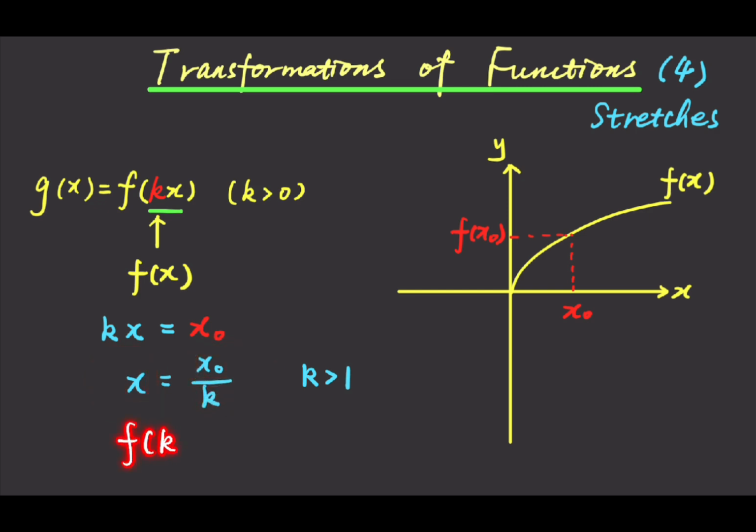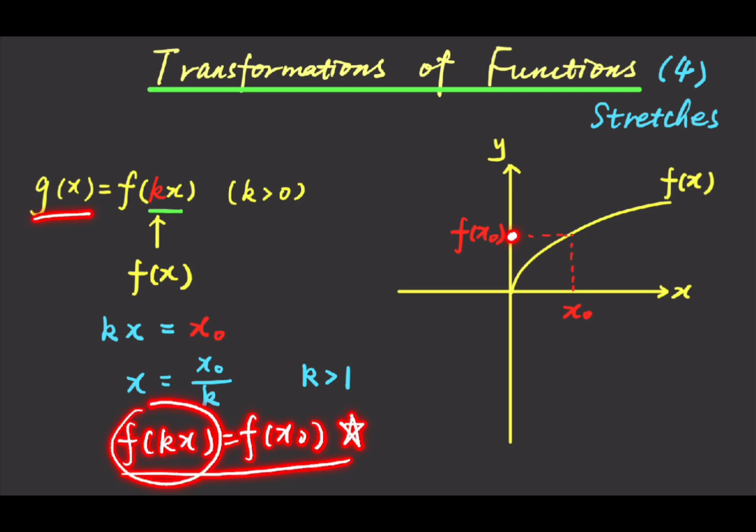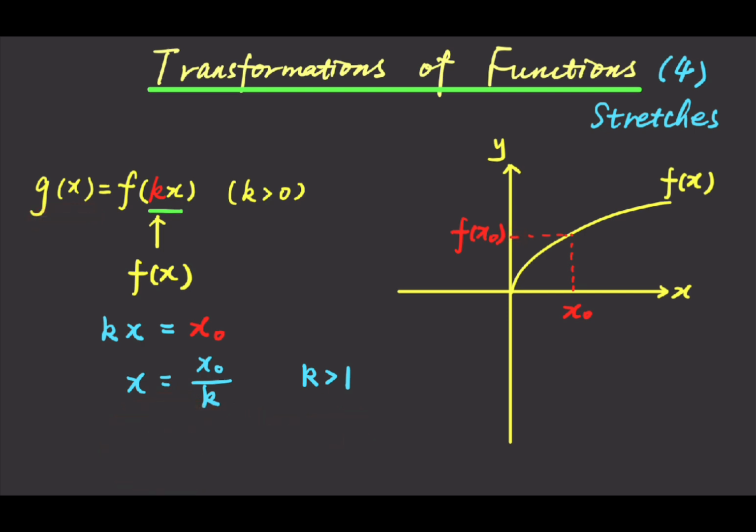So f(kx) equals f(x0). From this equation, we can figure out this y coordinate should be equal to the new curve's y coordinate. But this is the original x coordinate, and this is the new x coordinate.